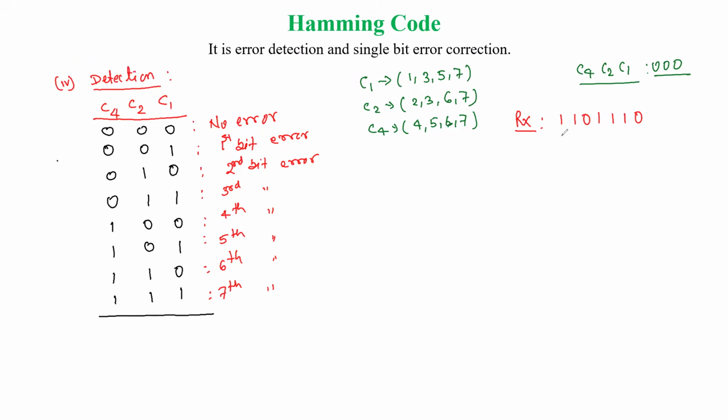Okay. So in the exam, generally, they will give you the received information. In that received information, you have to check whether error is there or not. If error is there, then we have to go for the correction. Okay. The Hamming code is able to correct 1 bit error. So that is important.